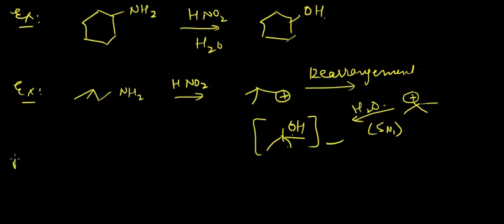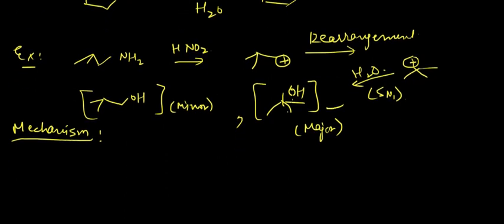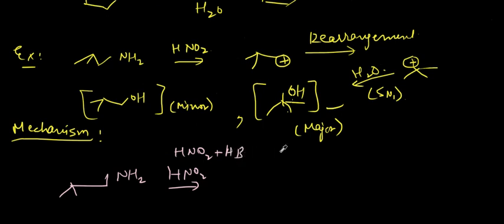So I hope you can write the mechanism for this reaction, as it is a tricky one, because most of you must have come up with this as the correct answer, but the major product is this one. Okay, the previous one was just a minor product. So I hope you can all come up with the mechanism. What will happen is first HNO2 will react with itself, one will act as a base and another one will act as an acid, and we'll get something like NO2 plus formed here.